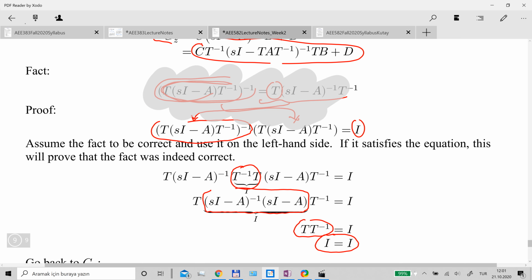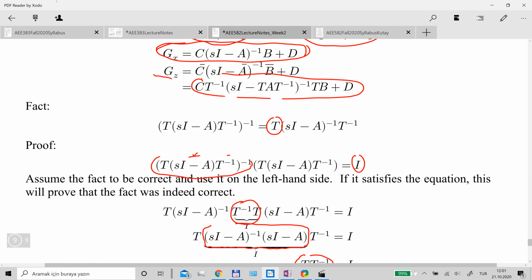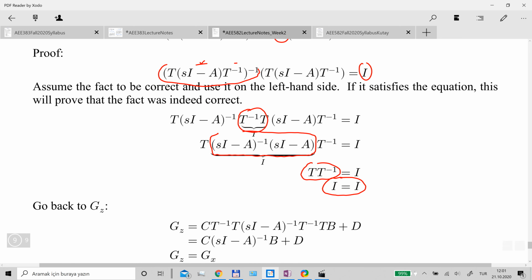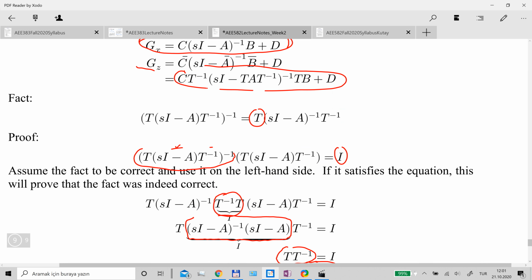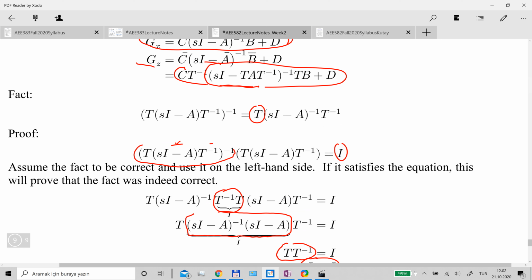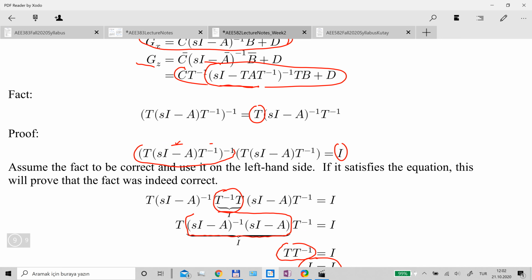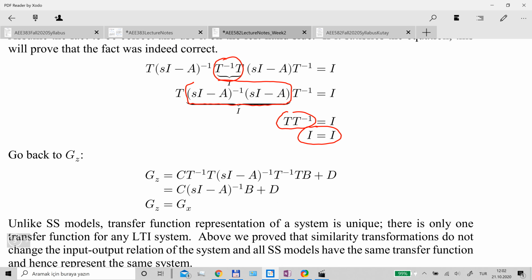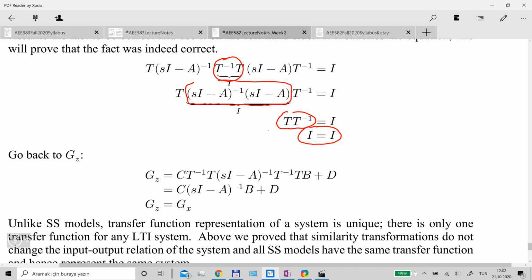Okay, so now using this fact, we go back to the expression for G(s), and instead of this term, using that identity, you bring it into this form, and you see these cancellations here.